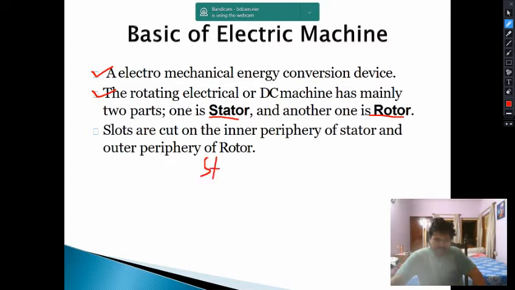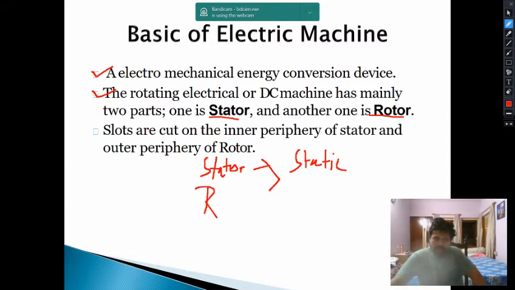I will write this stator, which means it is static. That means it does not move, it is immobile. A stator is a device which does not move.